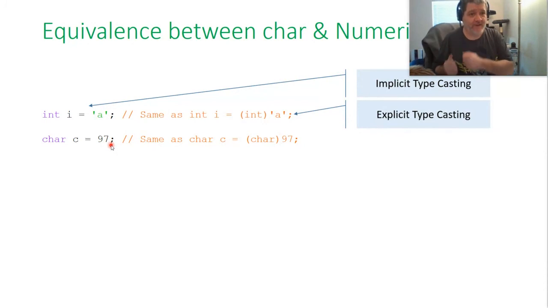Char c equal 97, it's the other way around. Now the variable is of type character. You assign to it a small positive int value. There's going to be some implicit typecasting again that's going to convert that 97 into, so I guess lowercase a. Actually that might be lowercase a, we'll have to try it.